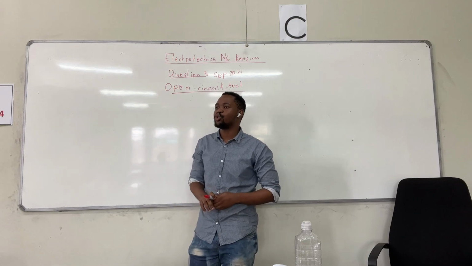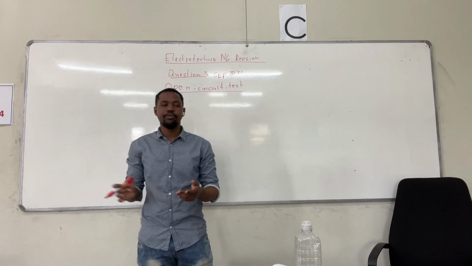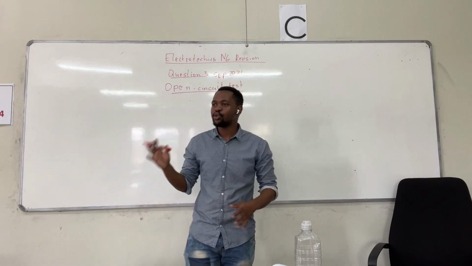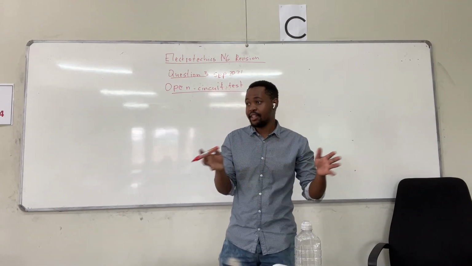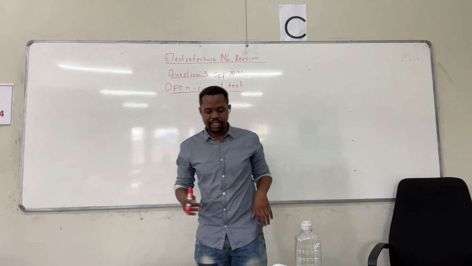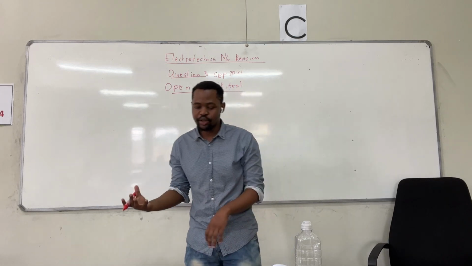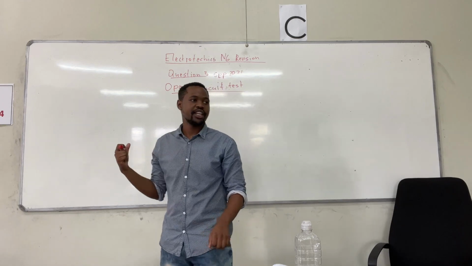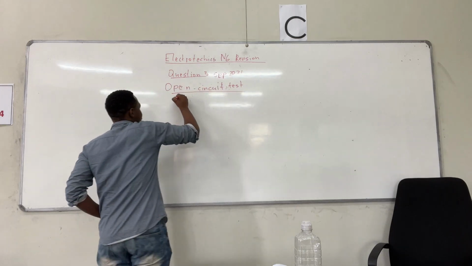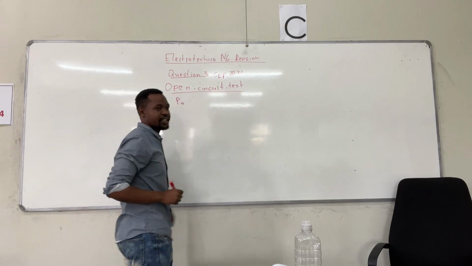What are we trying to calculate when we are doing the open circuit test? We are trying to calculate the iron losses, which are the constant losses. Let's go to P naught.